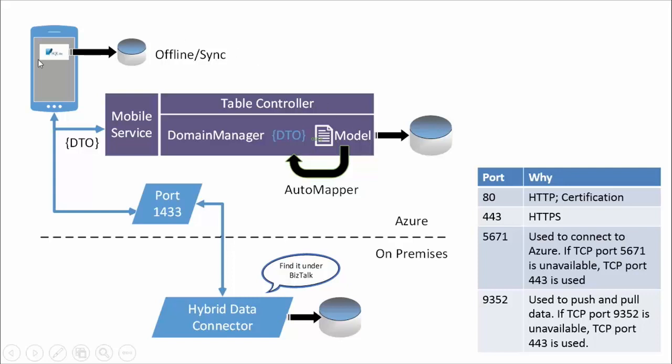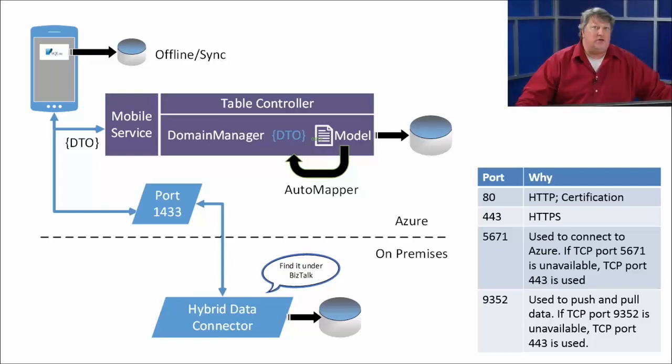It can make a call through port 1433 to the hybrid data connector that's on premises. I have a note here that you can find that hybrid data connector under BizTalk. You do have to install BizTalk, but you don't use all the features of BizTalk. And that hybrid data connector will allow you to make that SQL call all the way through to your SQL Server database.